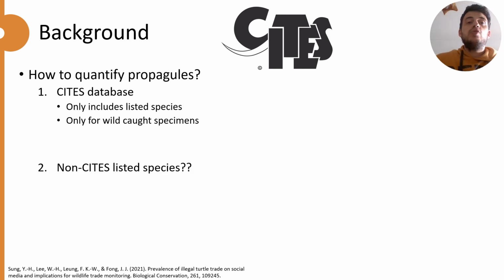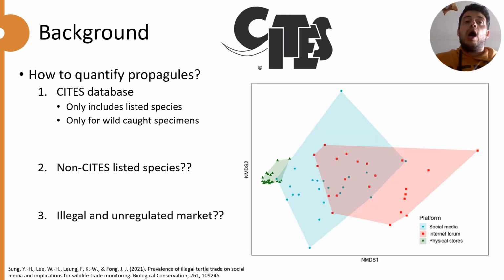How should we include the non-listed species? And also, how should we include the species traded in illegal and unregulated markets? Because, like we can see here in the figure, physical stores and regulated markets only include a small part of the whole trade.